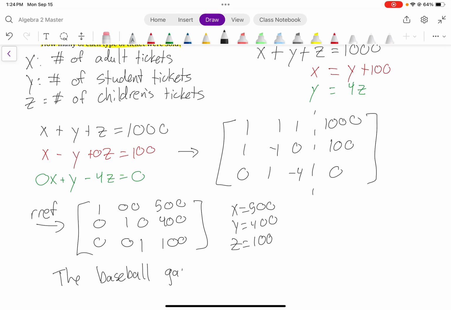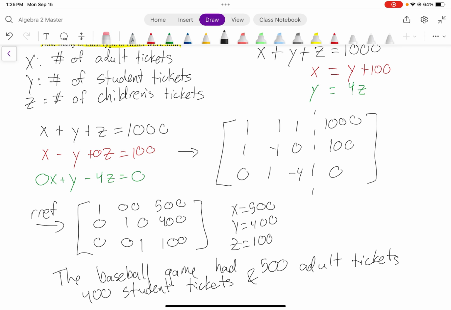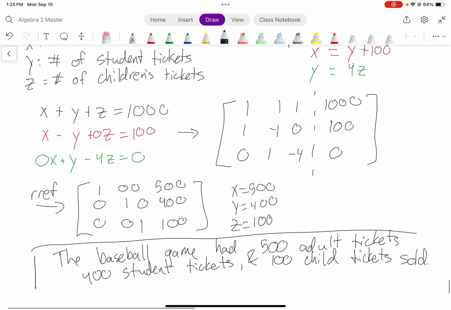Baseball game had 500 adult tickets, 400 student tickets, and 100 children tickets. Or child tickets, might be more accurate. Sold. There's my answer. I make sure to have a label at all times.